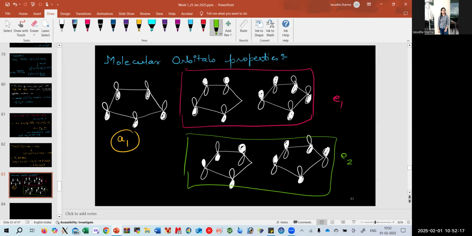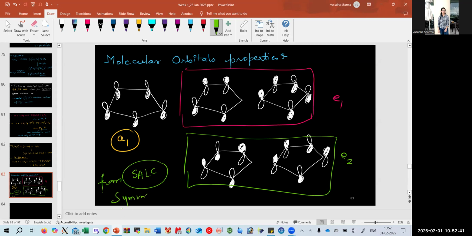So these have been formed from SALC. So SALC is your symmetry adapted linear combination of atomic orbitals to give you molecular orbitals. So this is a bit quantum, so we are not going into depth of it.